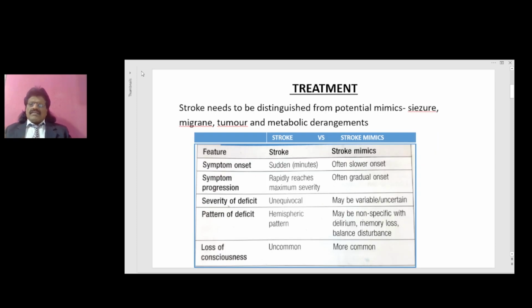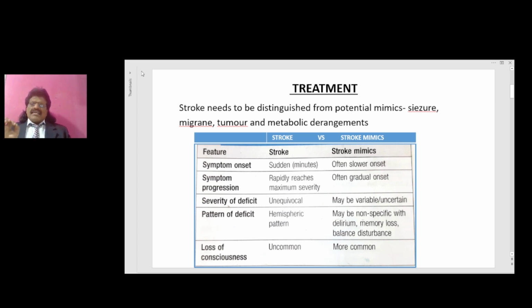Before we start the treatment, the stroke needs to be distinguished from potential mimics: seizure, migraine, tumor and metabolic derangements. So how do we differentiate stroke from stroke mimics? The symptom onset of stroke is within minutes, sudden, whereas in stroke mimics it is often slower onset. The symptom progression in stroke rapidly reaches maximum severity, whereas in stroke mimics it is often gradual.